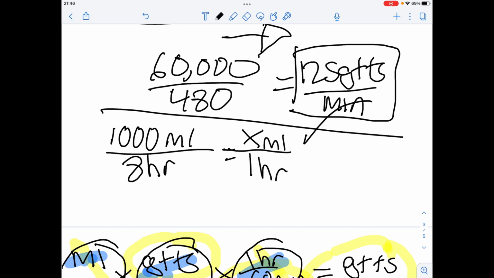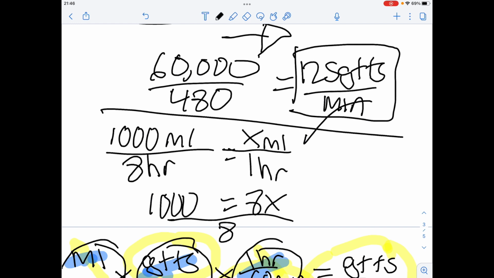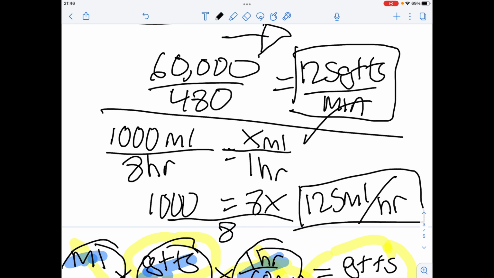So 1,000 times 1 is 1,000. 8 times x is 8x. Divide both sides by 8, and you get 125 milliliters per hour. And that is your flow rate.